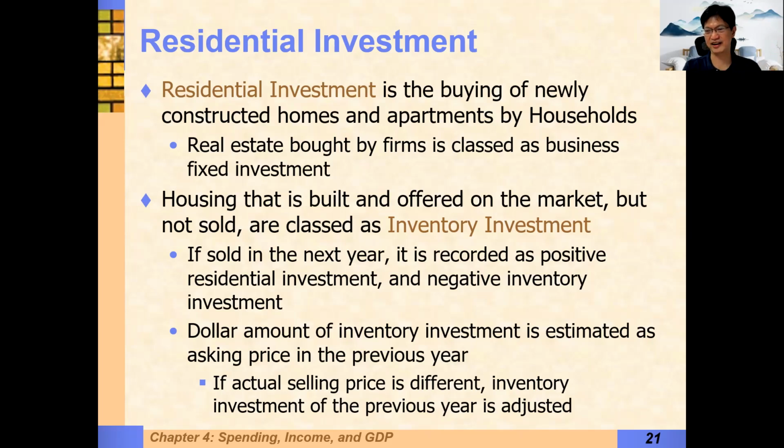We adjust it and make it 800,000 on the inventory investment in 2020. And this is a normal occurrence. GDP numbers are often adjusted after the fact. So you always go back to previous year numbers and adjust. Oh, investment was this much before, GDP was actually this much before. It was inaccurate. We adjust the numbers.